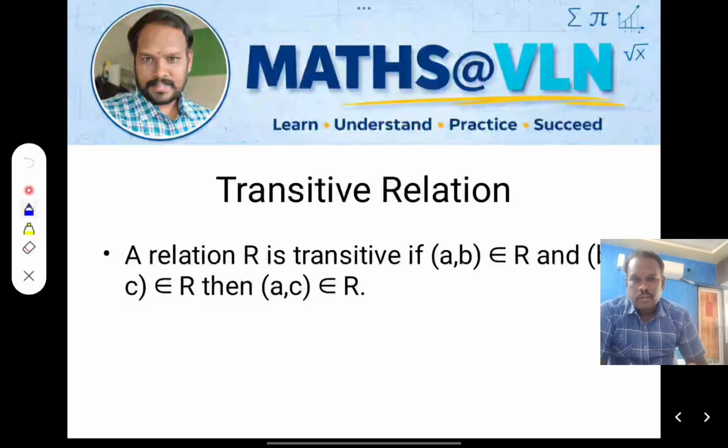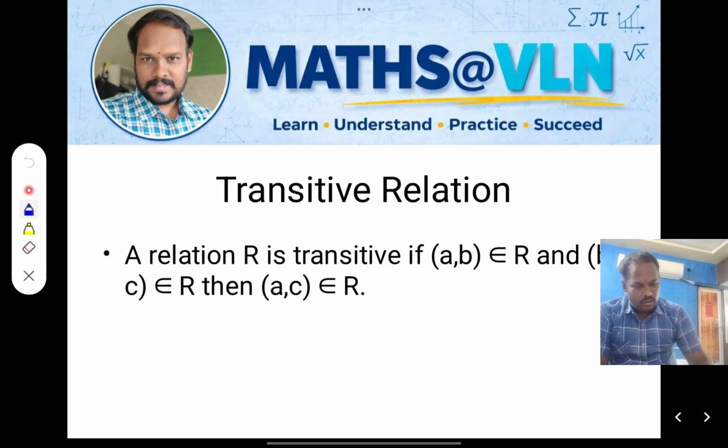For every question whenever you attempt, you have to write the definition of reflexive relation, symmetric relation and transitive relation. If any relation satisfies all these three, then we call it an equivalence relation. Very important. Even JEE Main level questions are going to be asked based on this concept. Very important, and try to concentrate on these three relations.